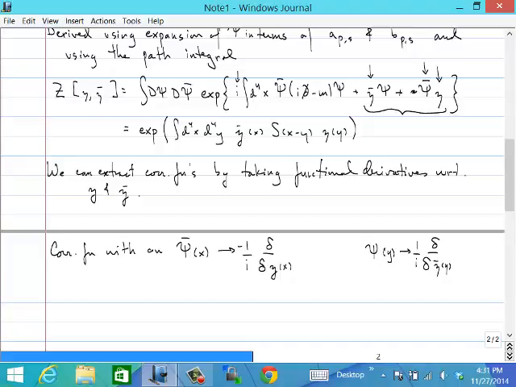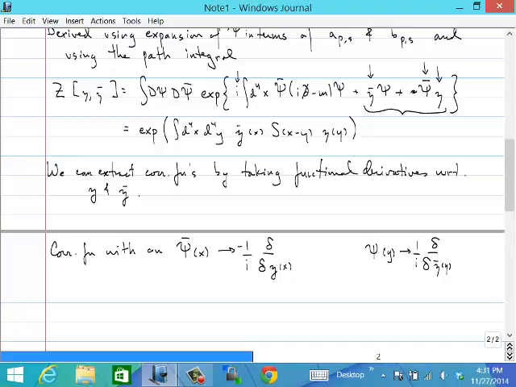So we have a 1 over Z. And then every time we have a psi, we need a 1 over i times d by d eta bar. So let's put these at x, y, z1, and z2. And then you have a minus 1 over i because of that psi bar. Remember that ordering. That came from the ordering of the anti-commutation of the derivative.